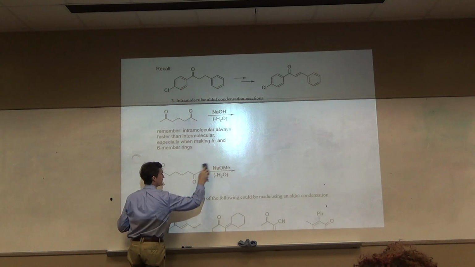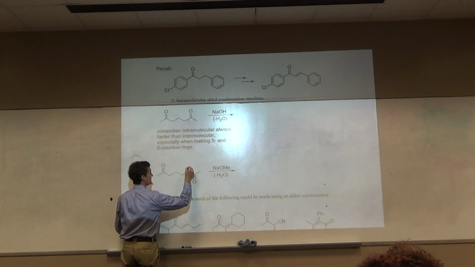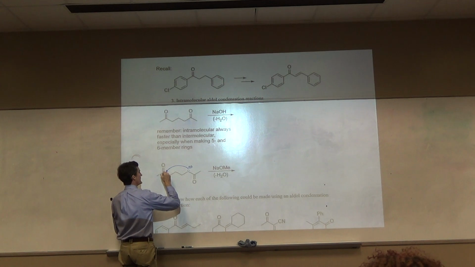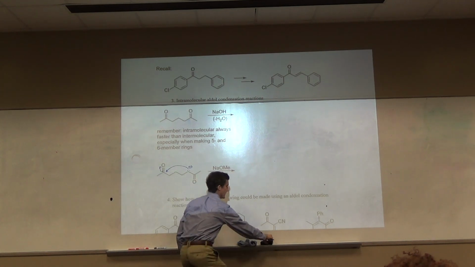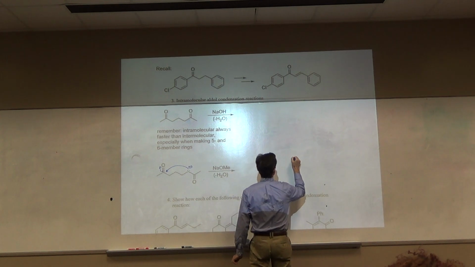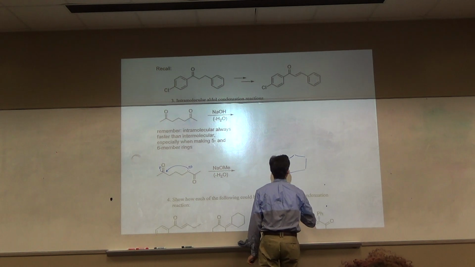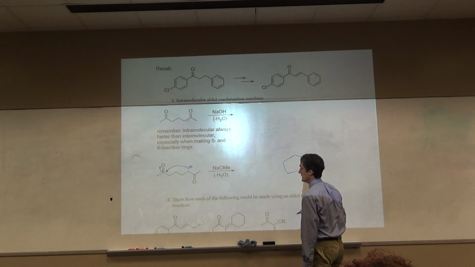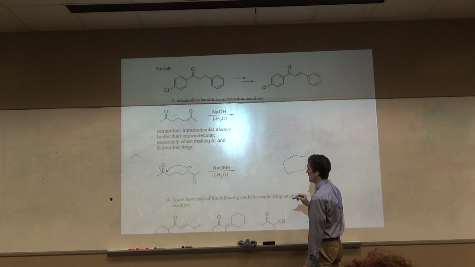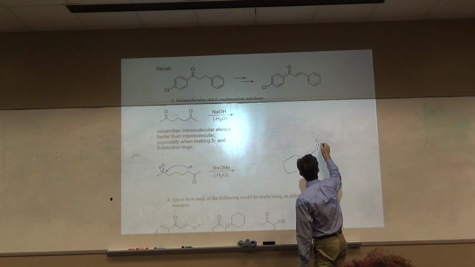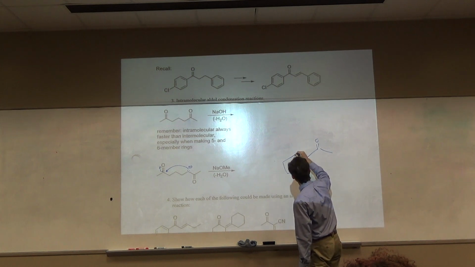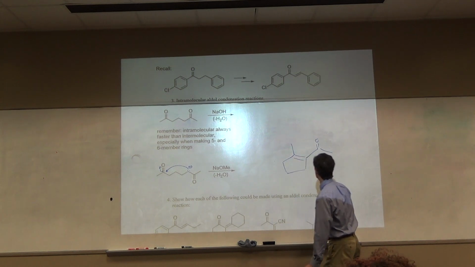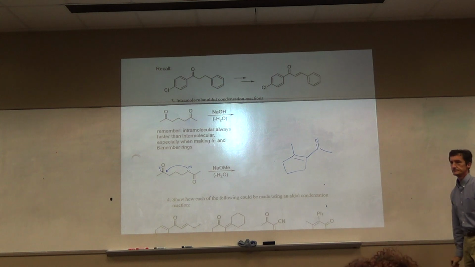That's not as good as 5, because if we had an anion here and this attacks here, electrons up, it would be a 5-membered ring. What will it look like? It's going to have a ketone coming off. That there. Is that it?